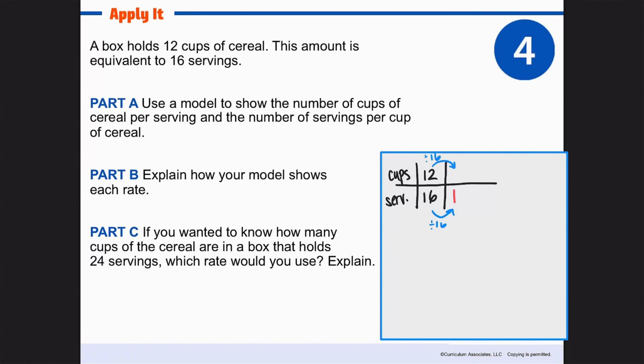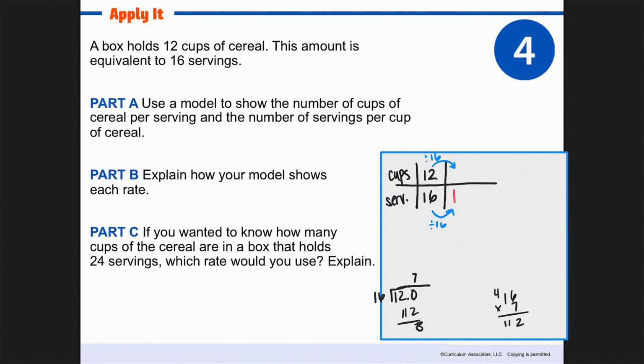Okay, 12 divided by 16, I'm going to do over here. Let's do it, 12 divided by 16. 16 goes into 120. Let's see. We'll say 7. 16 times 7 is 112.